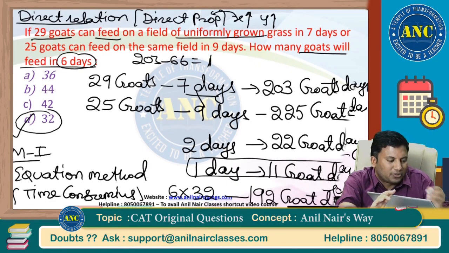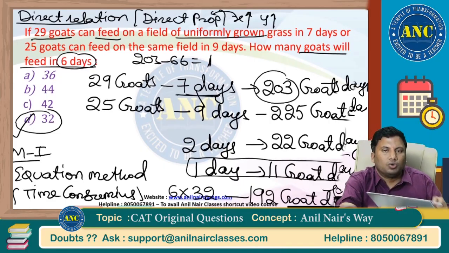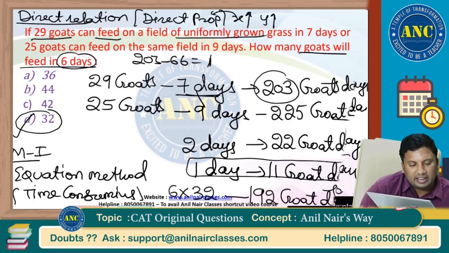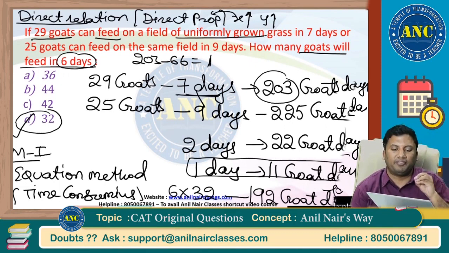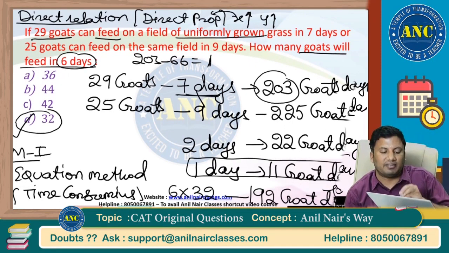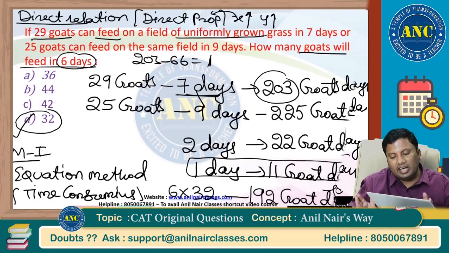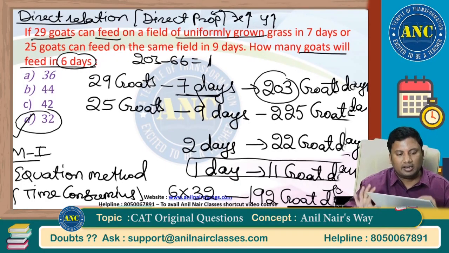I picked option D. 6 days plus 1 day, 7 days: 192 plus 11 is 203. Are you all with me? Just by looking at the answer option itself, I got the answer. Again, 29 goats can feed the grass in 7 days. That means 29 into 7 is 203 goat days work done.